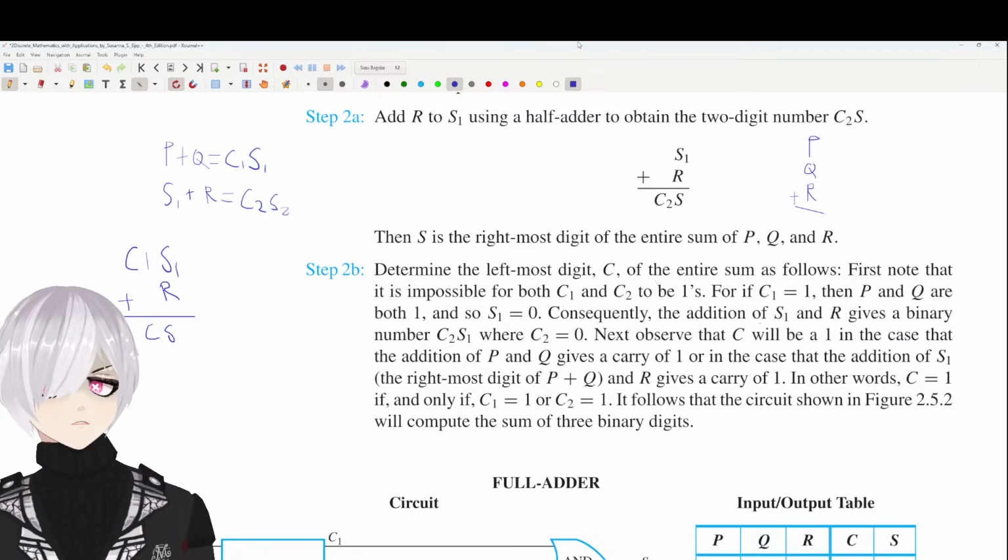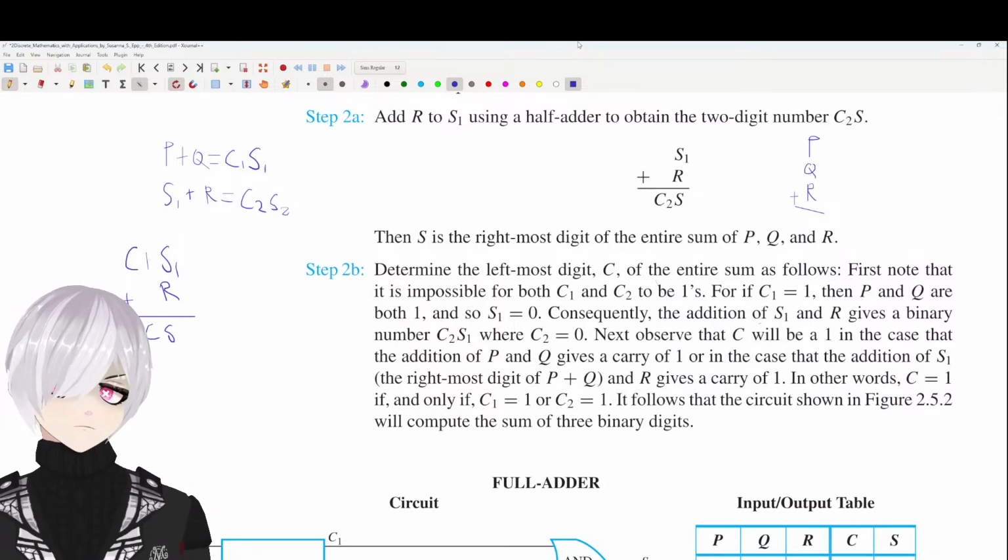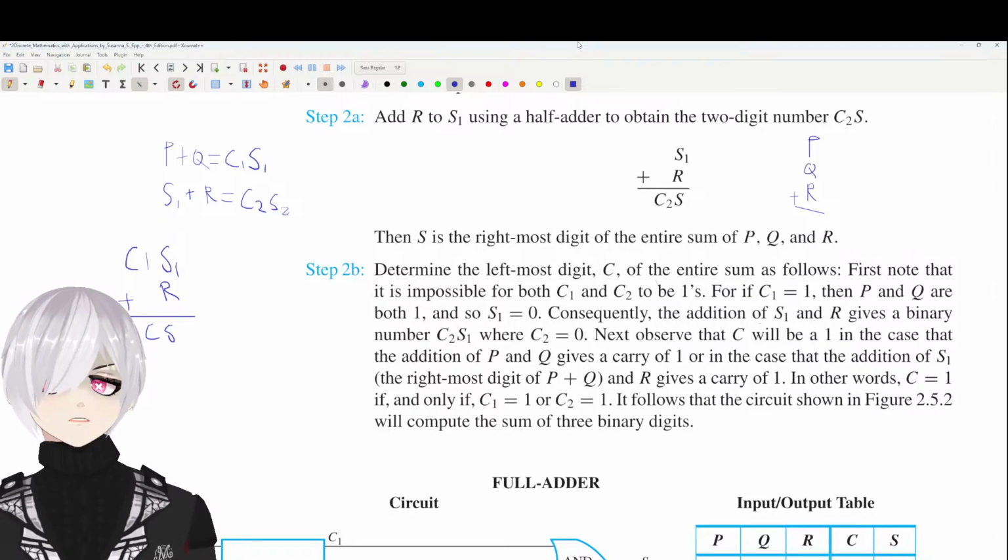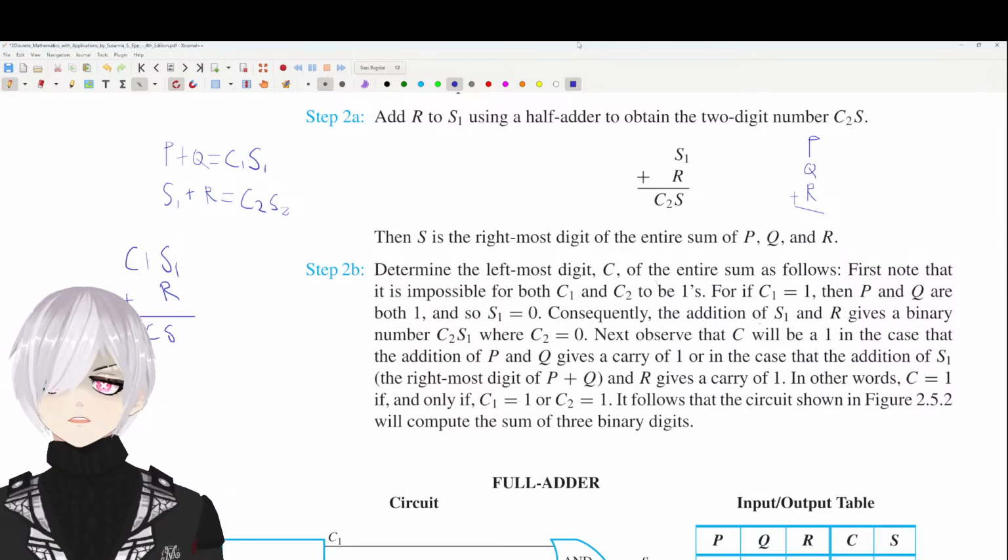And then what do you do with the C1 once you have a C2 and S2? Well, I think the idea is that the C is just whatever the leftmost digit of the whole sum ends up being. You don't even add them or anything. It's just an exclusive or between the C's.